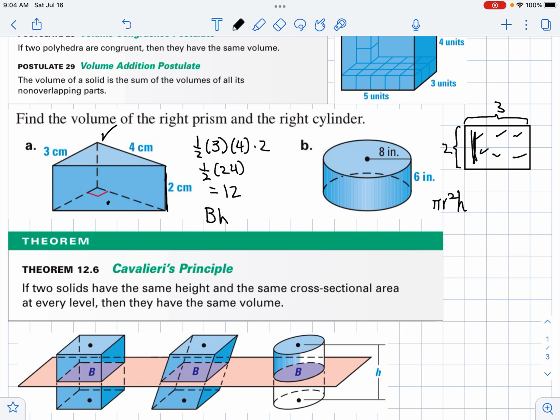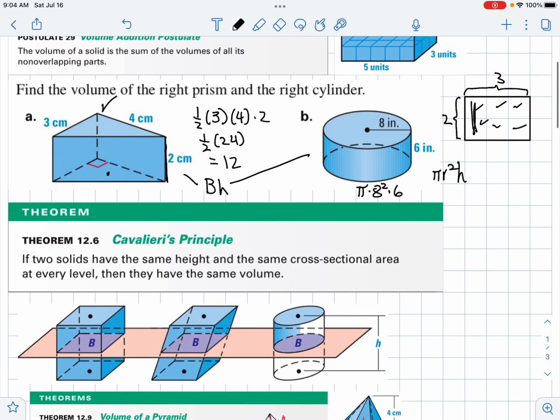So it's BH for both of these. However, for the right circular cylinder here, the base is circular. So it's pi r squared h. In this case, this is going to be pi times 8 squared times 6. And that will be our volume for that cylinder.